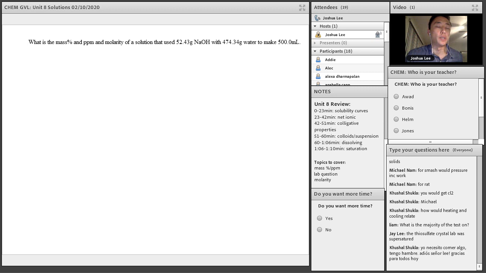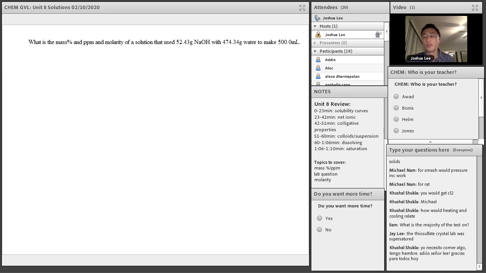What is the mass percent and ppm and molarity of a solution that used 52.43 grams of sodium hydroxide with 474.34 grams of water to make an overall volume of 500.0 milliliters?